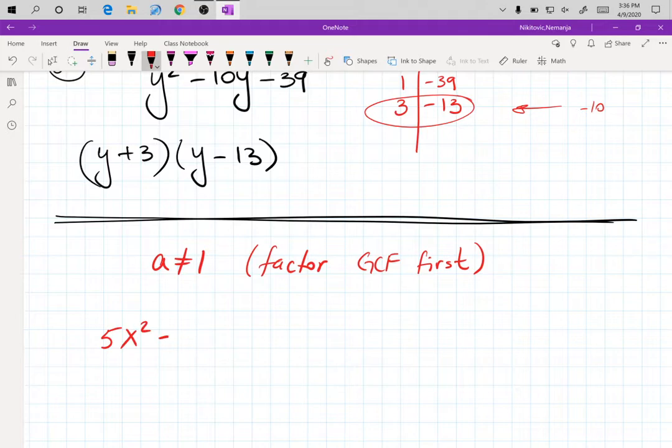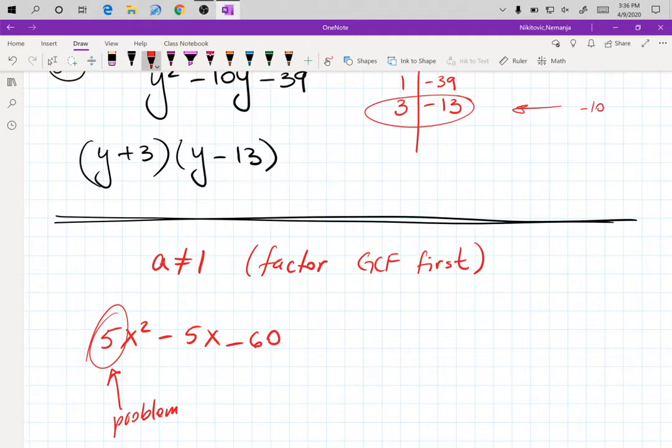Say 5x squared minus 5x minus 60. Right? This over here is a problem, and we're going to deal with that one in section 6.3. But actually we don't need 6.3 here.